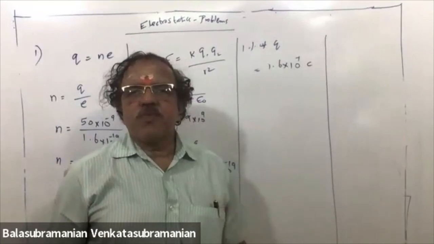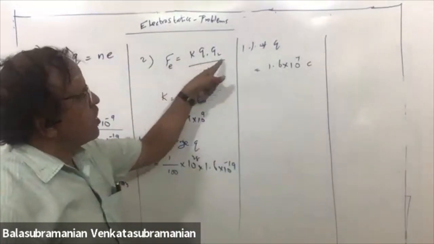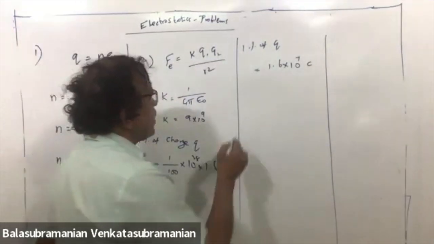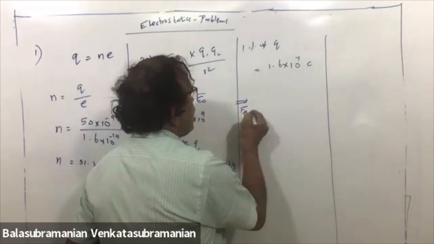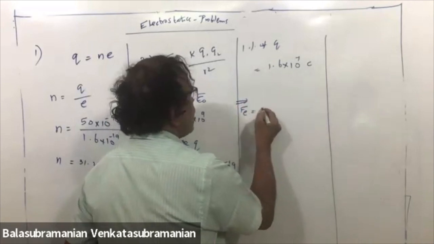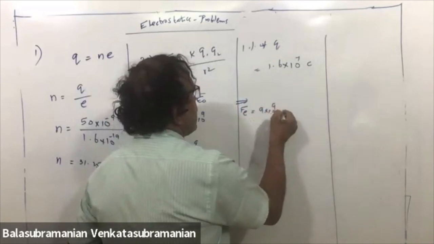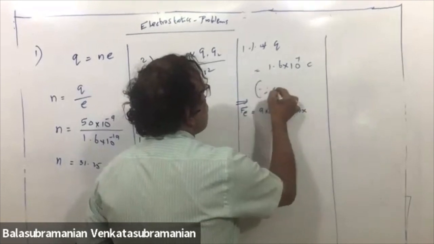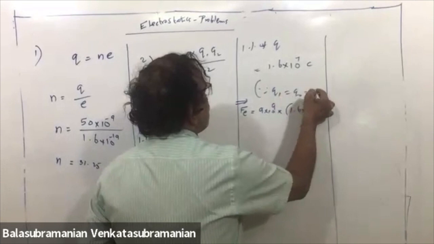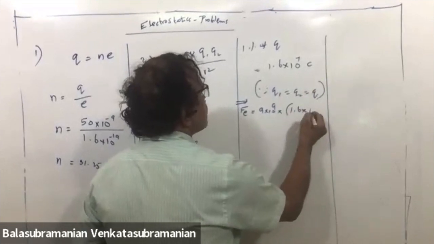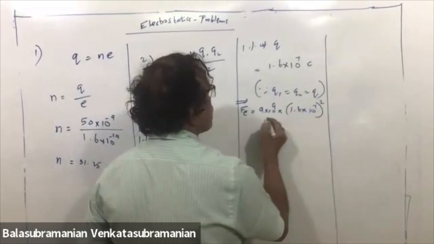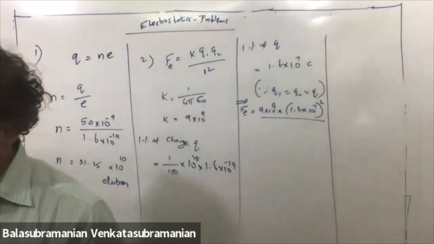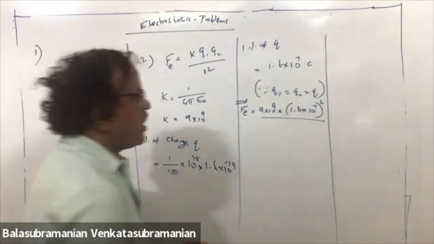So substitute this value here. Q1, Q2, both are 1.6 into 10 power 7. So I can write Fe is equal to K, 9 into 10 power 9, times Q1 Q2, that is 1.6 into 10 power 7 the whole square, divided by R square, separated by a distance of 1 meter.